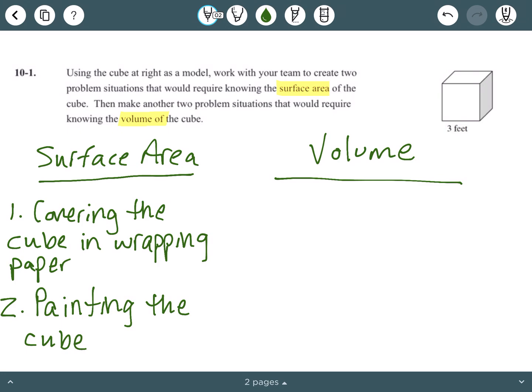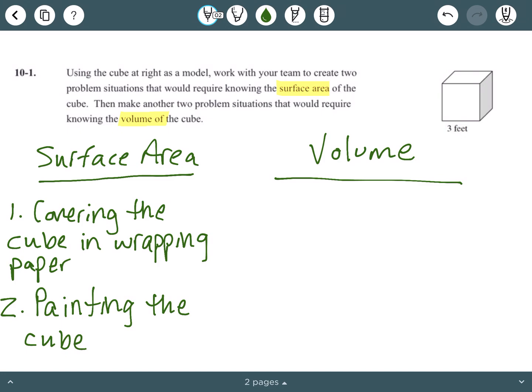All right, volume now. Remember, volume is going to be how much can we fit inside of this. So let's say we have our cube here that's 3 feet by 3 feet by 3 feet. So maybe we want to fill this cube with maybe concrete.